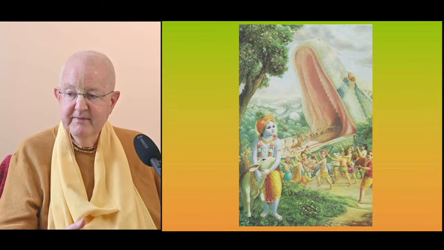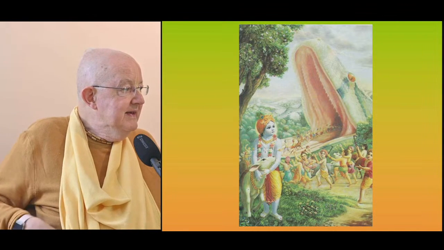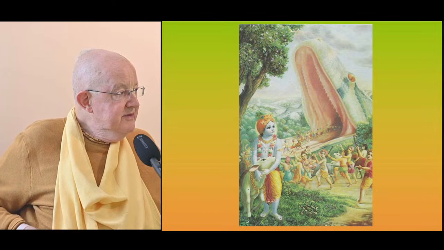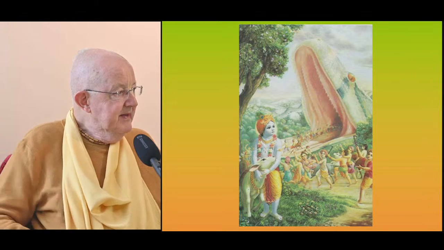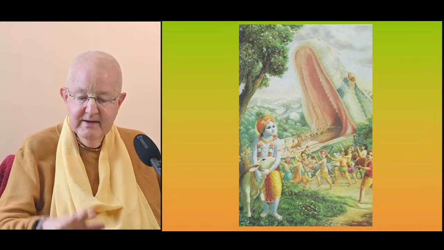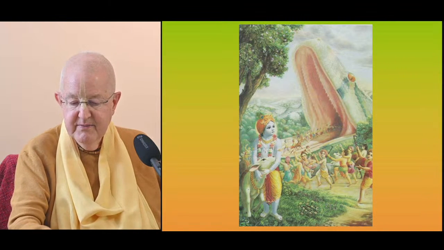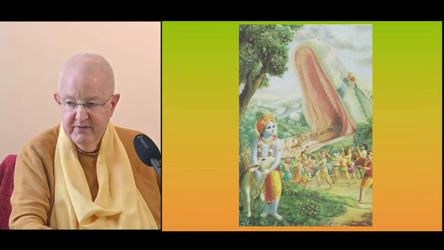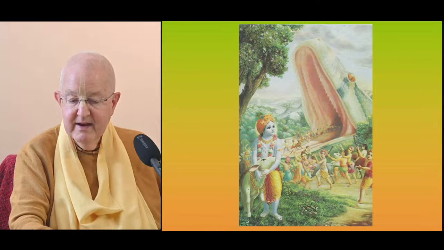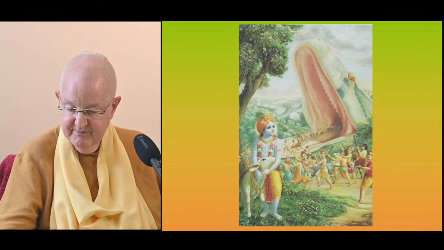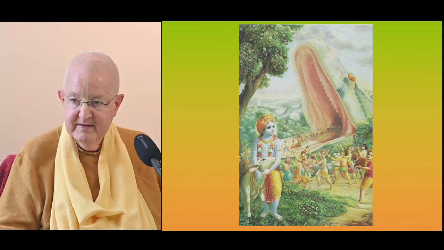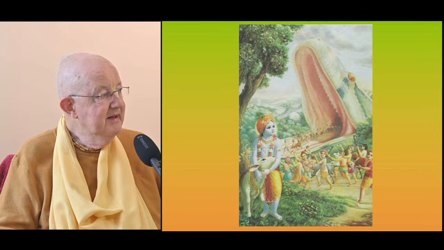So in the next moment, he enters the mouth of the Agasura demon, because he knows that the Agasura demon wants to kill him. By touching his feet to the body of the Agasura demon, he will purify him. And the Agasura demon wants to swallow him. It's big, like a python.